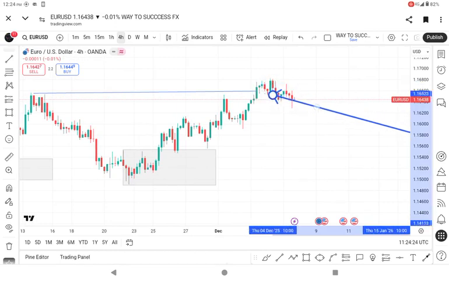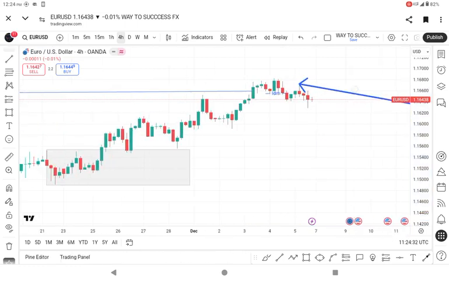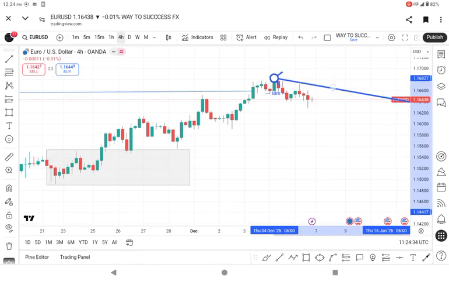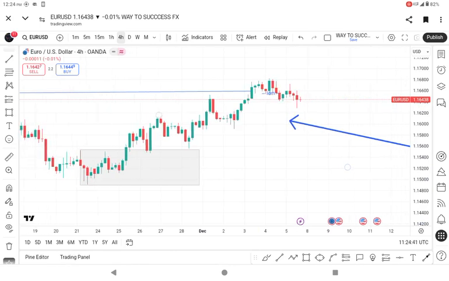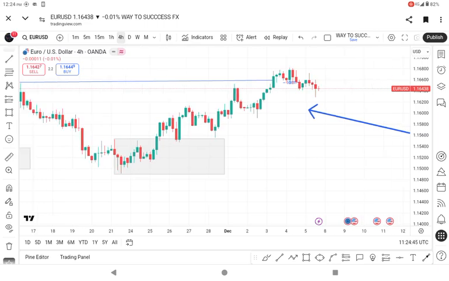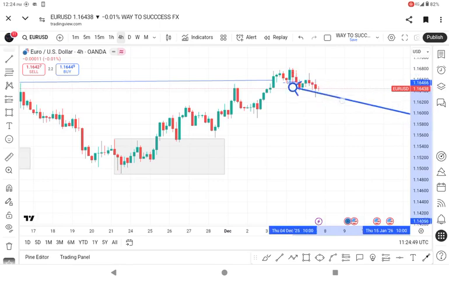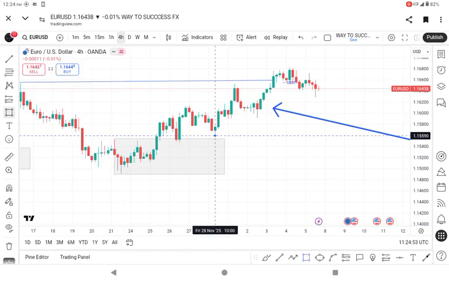Price took out this inducement during the weekend, reacted, trying to go to the upside, just similar to what we have on gold. Price failed to break this high and broke this low, failing the continuation to the upside. So right now, what do I have? If you look here, you will see that actually this is my POI after price took out my inducement.